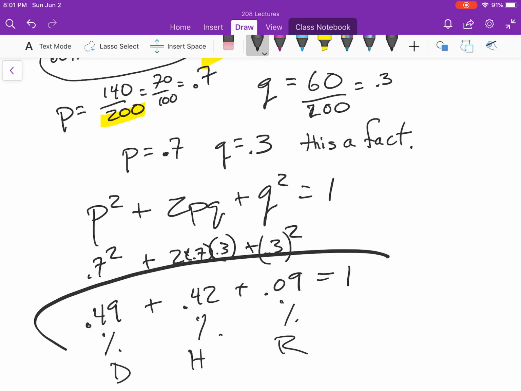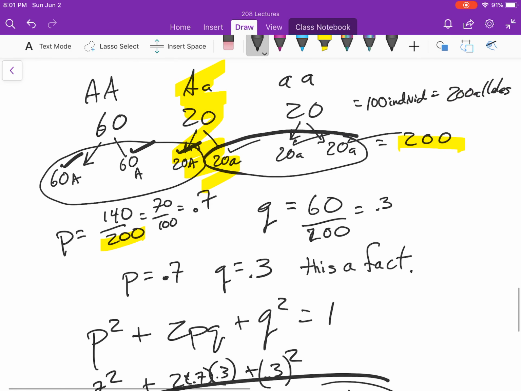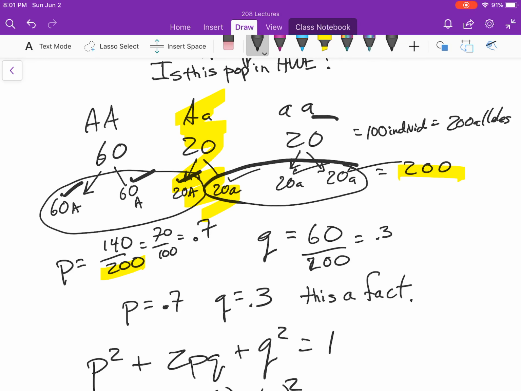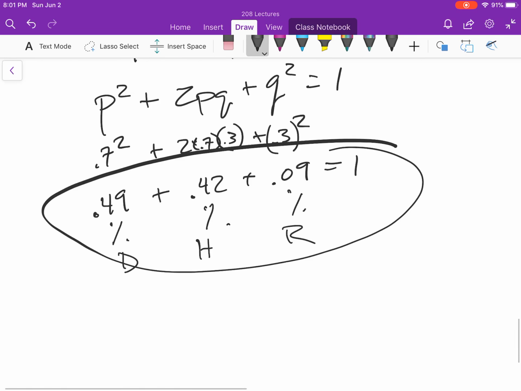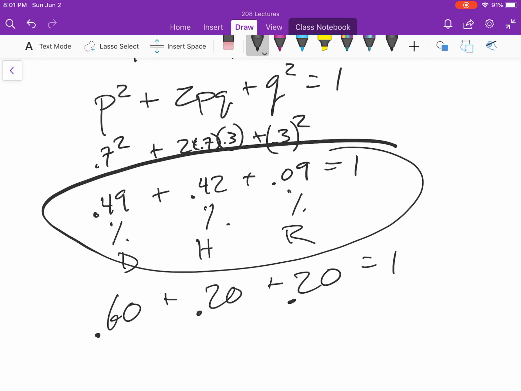Let's go back and compare them to the original population here. 60, 20, 20 adds up to 100, so that's the same as 0.6, 0.2, 0.2. You might have to divide those to find them in the event there's not 100 individuals. And the question is, are these numbers the same?